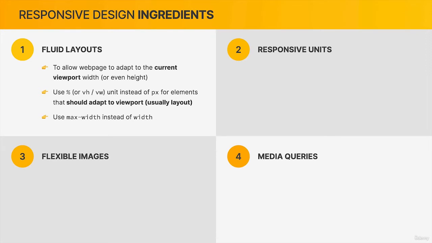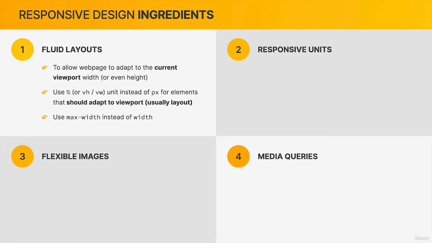So using percentages instead of pixels for all the elements that are usually part of any layout. Things that should really adapt to the viewport should always use percentages and not pixels. Also, we should always use the max-width property instead of simply width. And we will learn a little bit about how this one works in the next lecture.